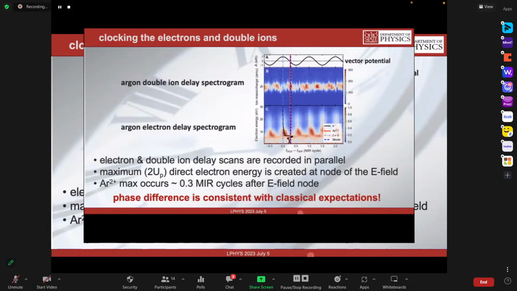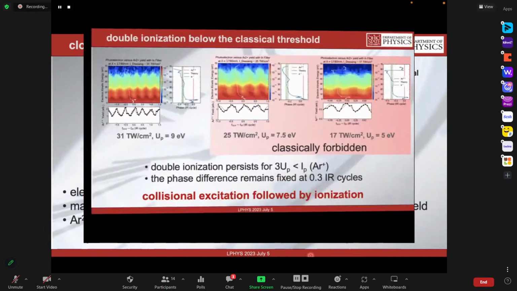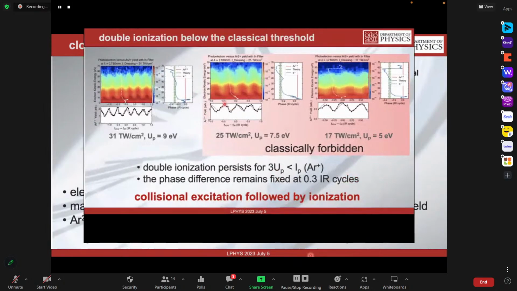Okay, what happens as we lower the intensity? So in this case, the mid-infrared field has enough return energy to directly ionize the argon plus and lead to an E2E process. As we drop the intensity, so again, you're looking at spectrograms, I guess this is just the electron energy in the double ion.